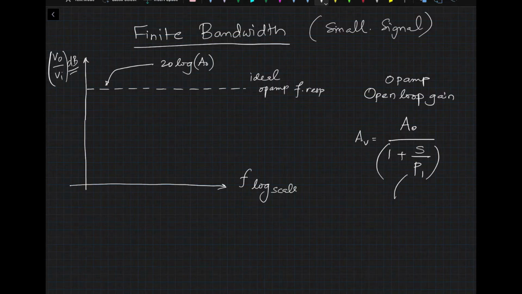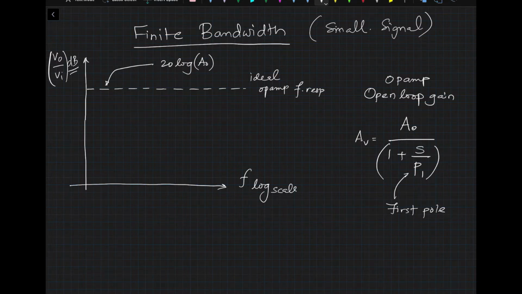Here P1 represents first pole. What this is telling you is the following. We are assuming the op-amp to be a one-pole system. It has only one pole, and the pole is at P1.